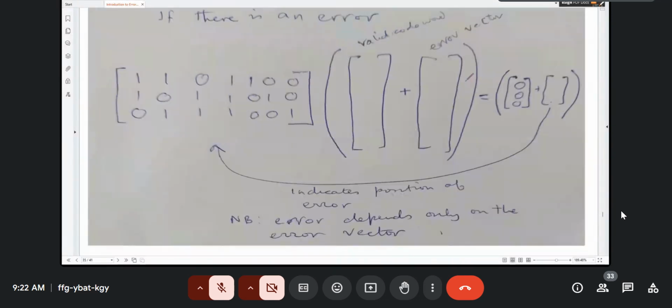But if you had a valid code word, now we want to see why you're able to correct only one bit error.